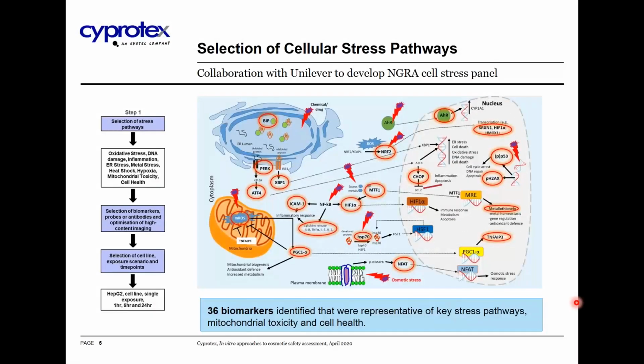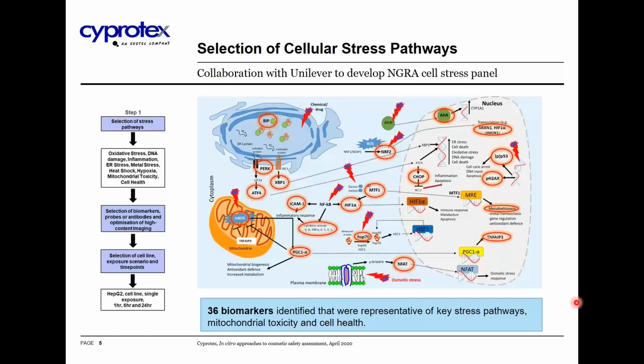So you can see we came up with 36 different biomarkers, again, which could be multiplexed where possible into specific assay plate designs. And we identified pathways such as DNA damage, inflammation, ER stress, metal stress, heat shock proteins, and things like that.